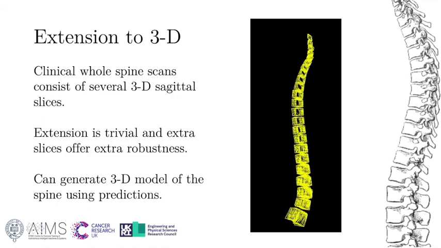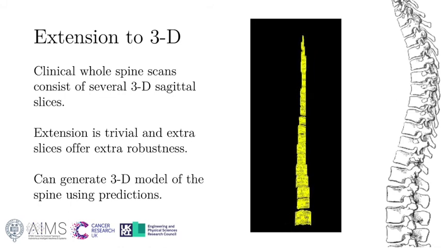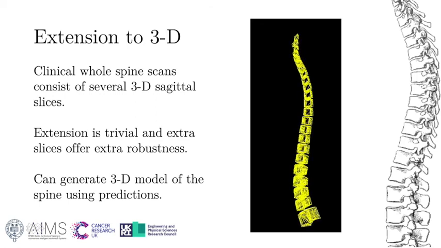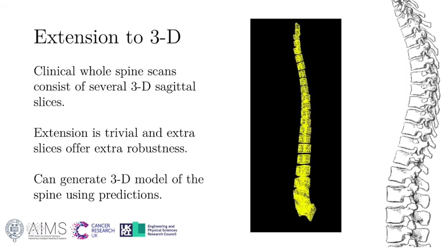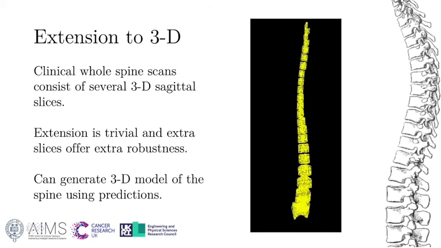Before concluding, I'd quickly like to talk about extending the algorithm to work with multiple sagittal slice scans. So far, we've only considered a single sagittal slice case. However, the extension to multiple slices is fairly trivial. We can do this by initializing the algorithm across several slices and observing at which levels the predictions in a certain slice diverge significantly from the predictions in all the other slices.